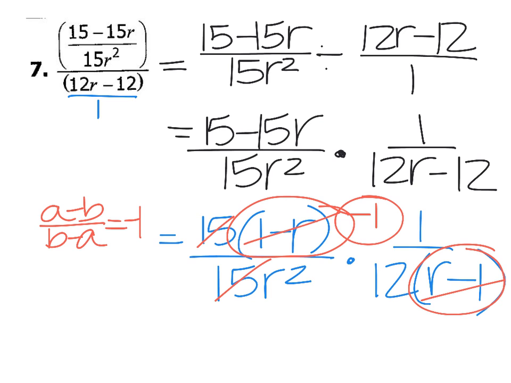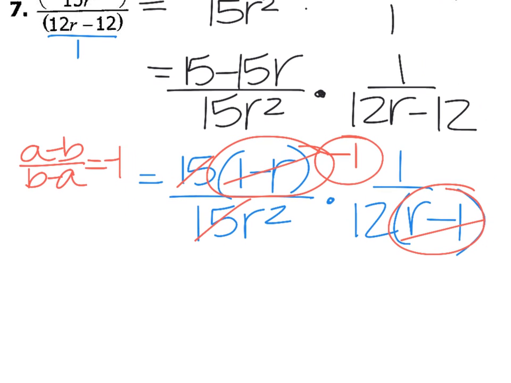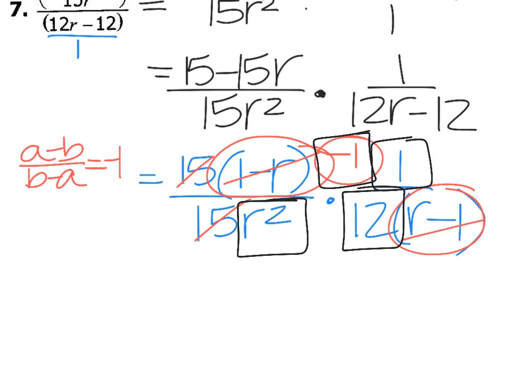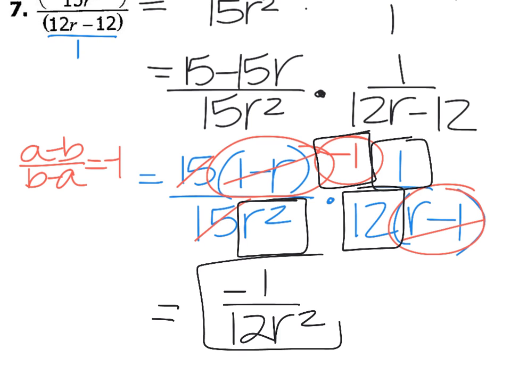Those will simplify to 1. If we move this up, on top we're left with a negative 1, and that's it, negative 1 and positive 1, so you get negative 1. On the bottom, we're left with our r squared and our 12. So our final answer is negative 1 over 12r squared. And you're done.